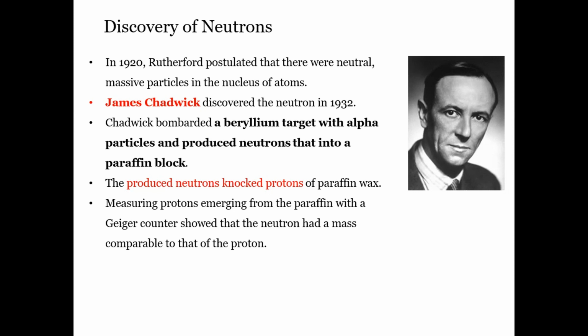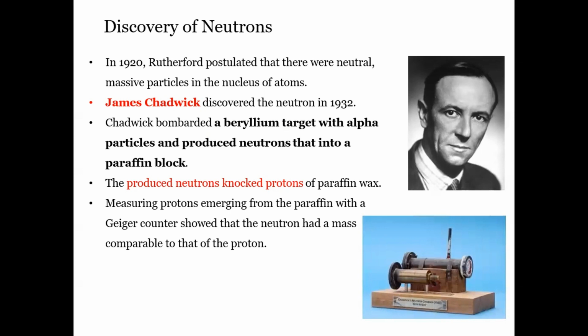The paraffin block was rich in protons, or hydrogen atoms, and therefore the neutrons knocked out the protons in the paraffin wax, and measurements of the protons emerging from the paraffin were really a signature of the neutron presence, and it was said that the neutron mass is comparable to that of the protons. This is the original detection and the instrumentation that was done by James Chadwick.